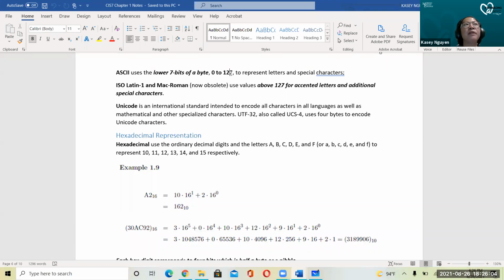For example, if you're familiar with ASCII, 65 would be equal to an A. So that means the numerical value 65 would be equal to the letter A. Okay. So it's just a way that we can represent a character as a value.